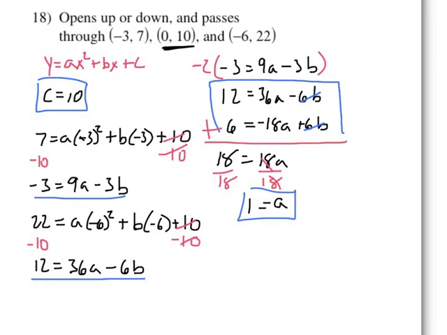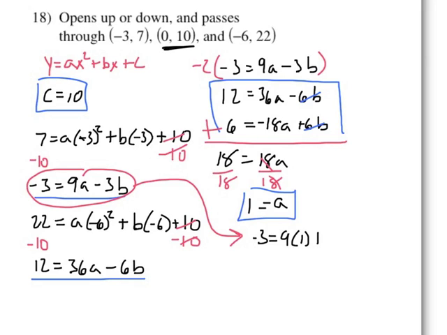So I'm going to take this equation here and plug a into that. So I have -3 equals 9 times 1 minus 3b. So -3 equals 9 minus 3b. Subtract 9 gives you -12.